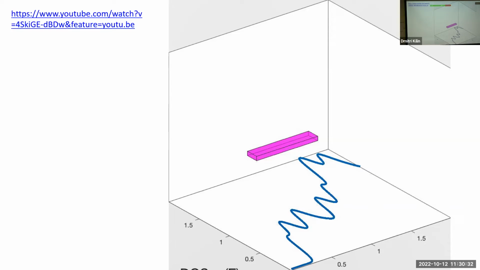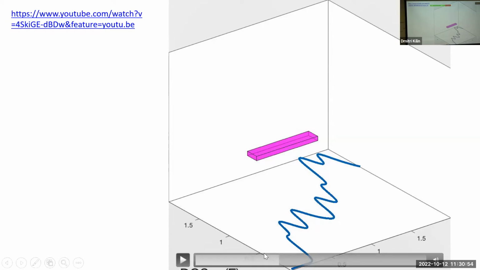So the area where the density of states is shown is just the screen of your instrument, and the pink box is your sample. So it's relative to the box itself. Yes, the structure and shape of the box determines the shape of the density of states.